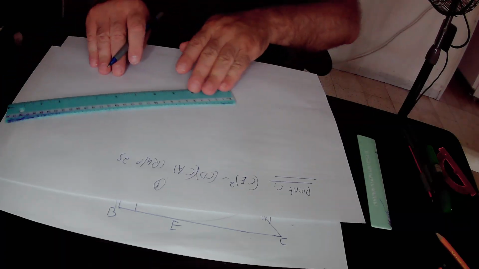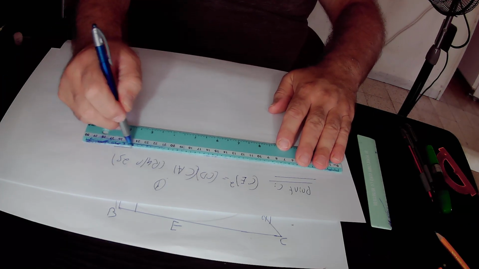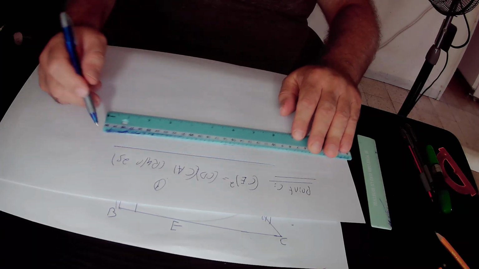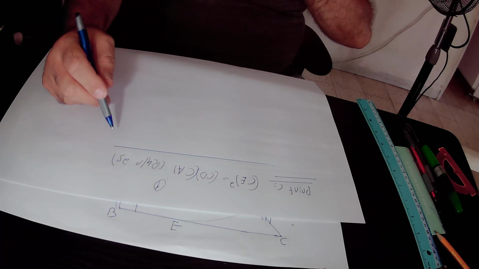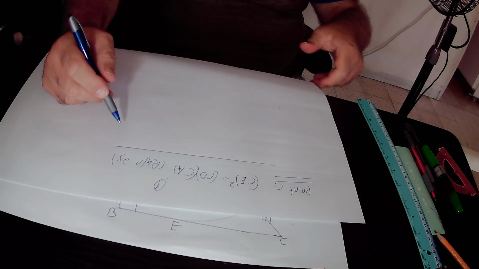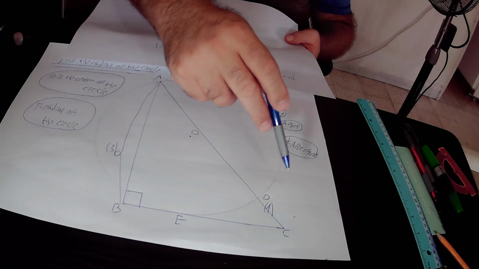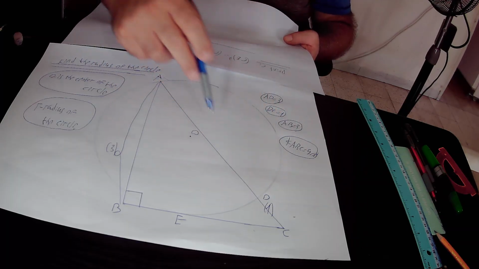So actually, this equation is the implementation of Rule 25 in our drawing.